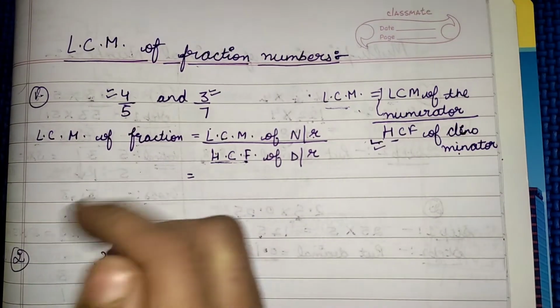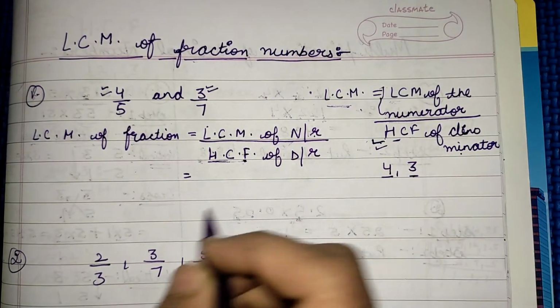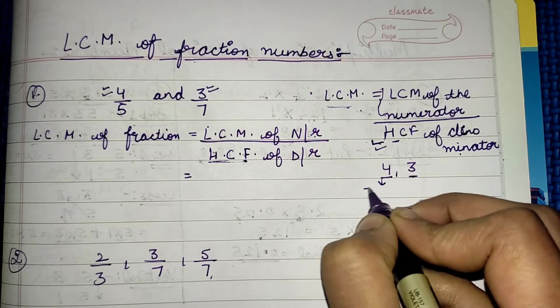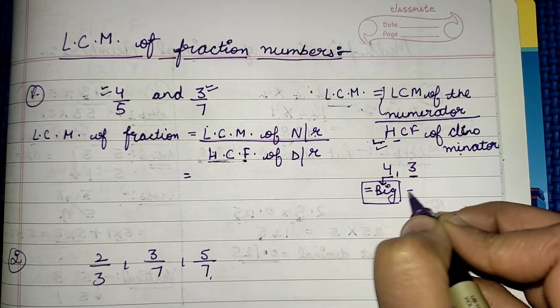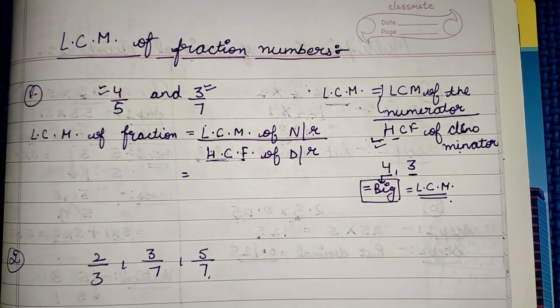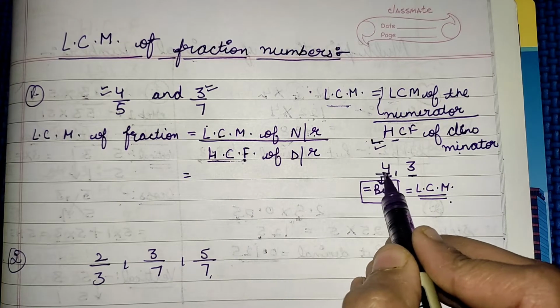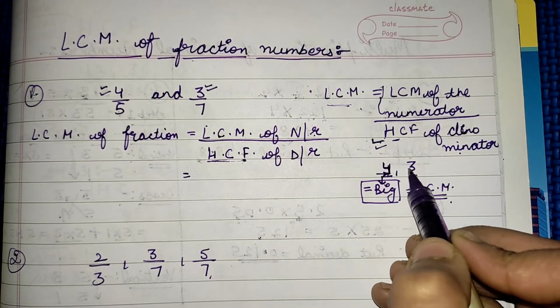To find out LCM of 4 and 3, in our trick we imagine that our bigger number is our LCM. Let us imagine that 4 is my LCM. Is 4 divisible by 3?